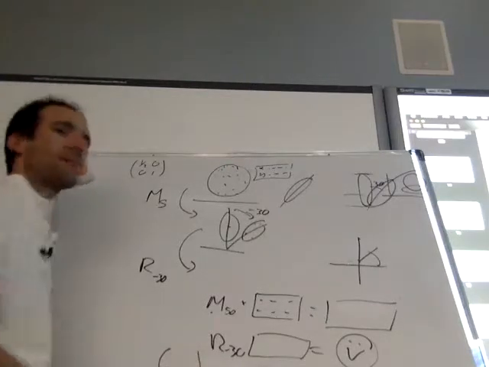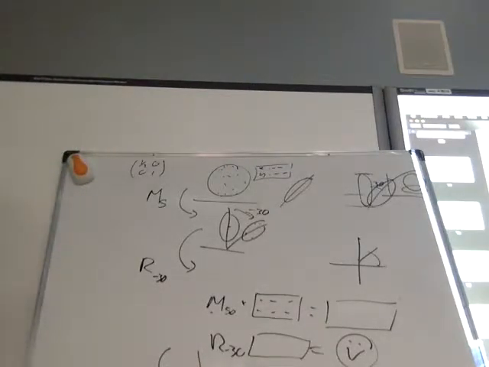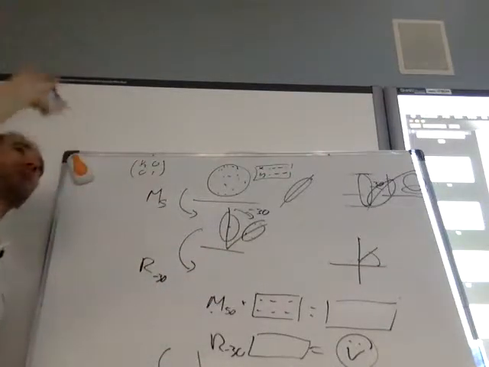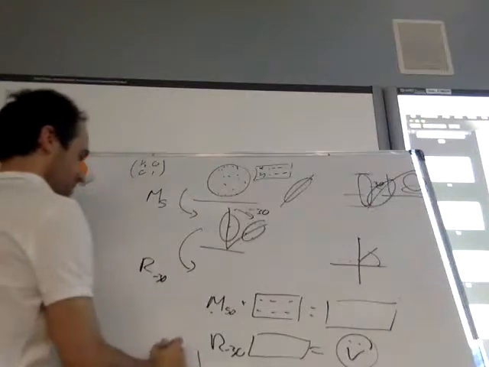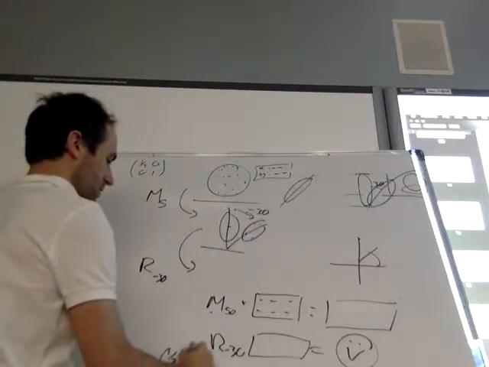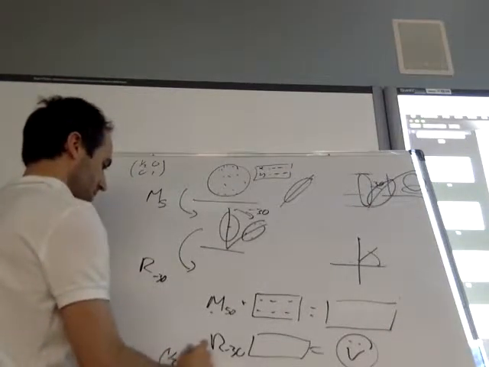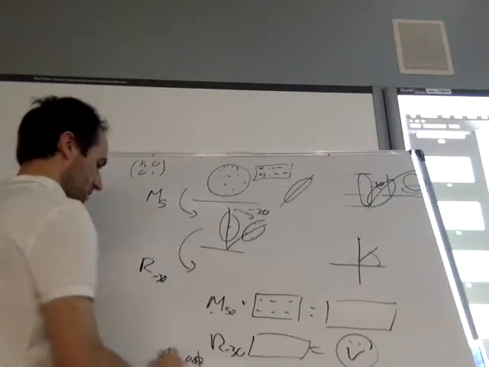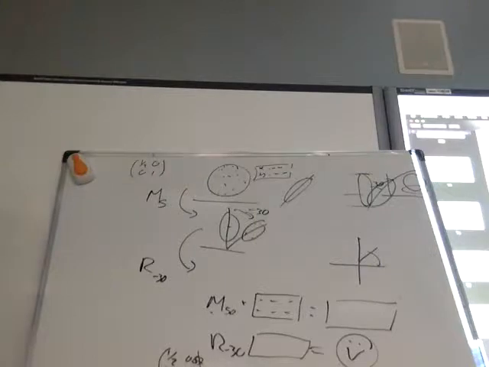So this matrix, can anybody find me the rotation matrix for minus 30? I think it's something like 0.867, minus 1/2, 1/2, 0.86. Anybody can find me the rotation matrix for minus 30?